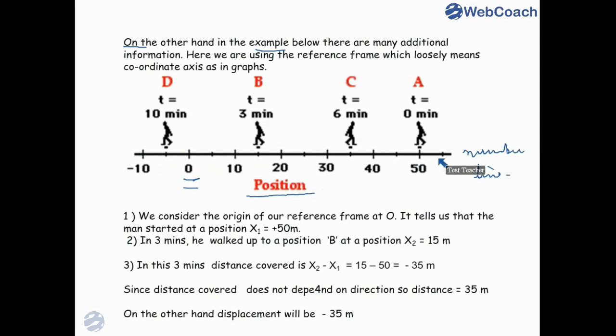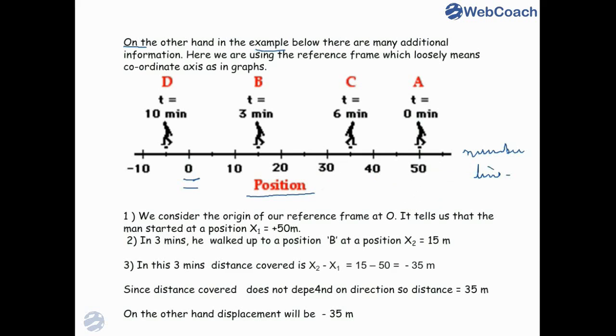If I look at the number line, the zero, the origin, starts from here. And the person is not here at time t equal to 0. Time t equal to 0 means the time when he starts. He is at a point which is 50 meters or kilometers, whatever be the unit.